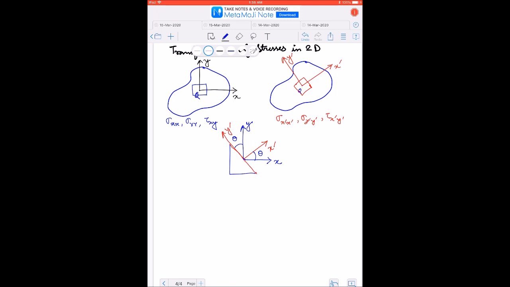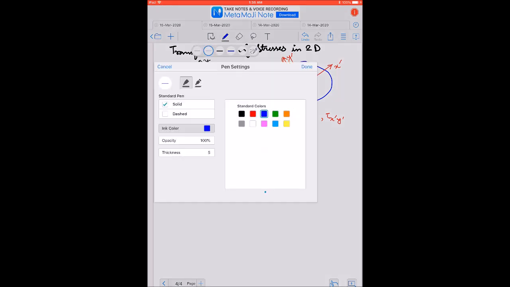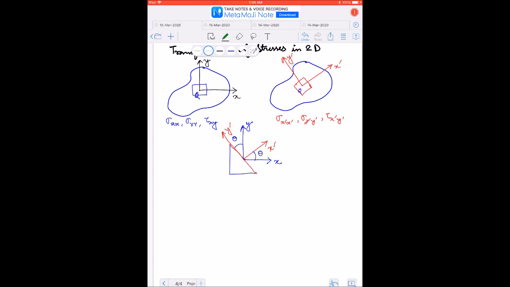But before we do that, we identify the three vertices as L, M, N. Now, what we want to do first of all is to note that on the face LM, the stress components which will appear are sigma xx and tau xy. So we write them down.